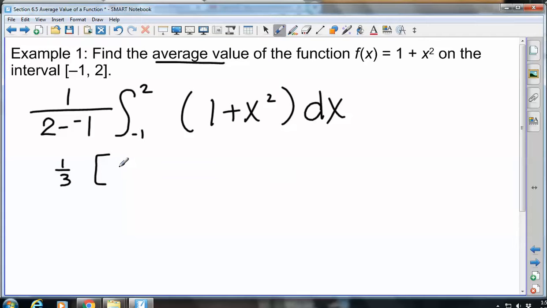We can integrate: antiderivative of 1 plus antiderivative of x squared from -1 to 2.